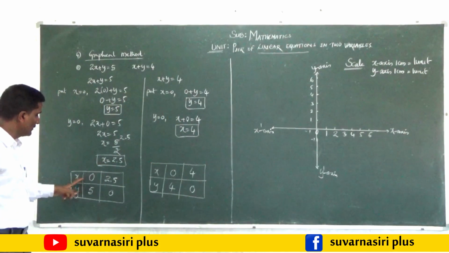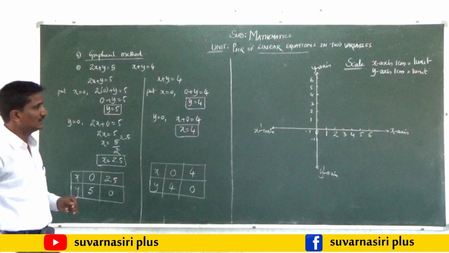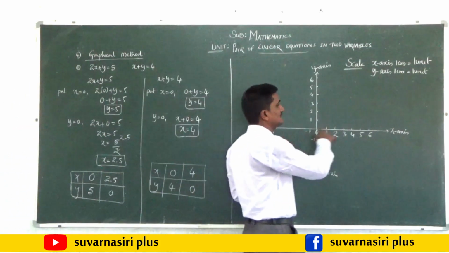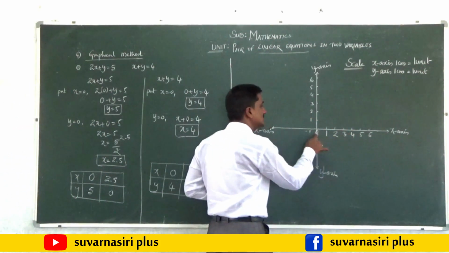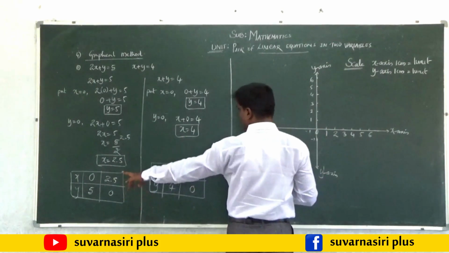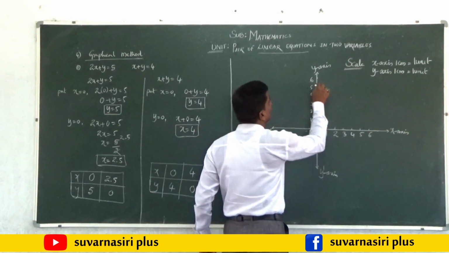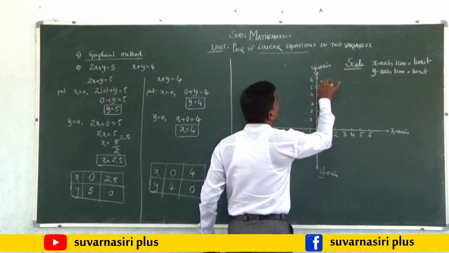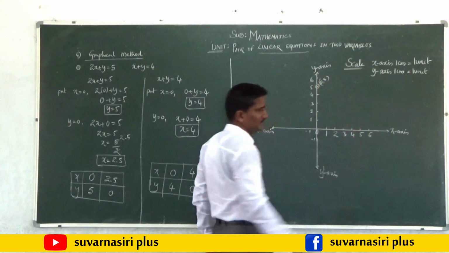So x is 0, y is equal to 5. x is 0 means you have to see along the x-axis. Where is that 0? Here. The y coordinate always is 5. See where is 5? (0, 5).